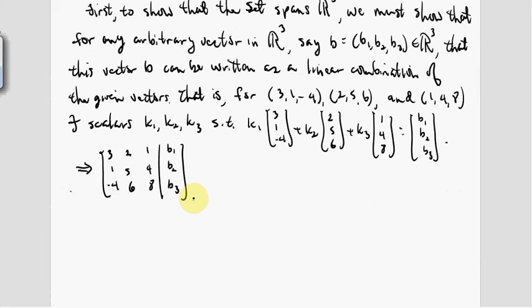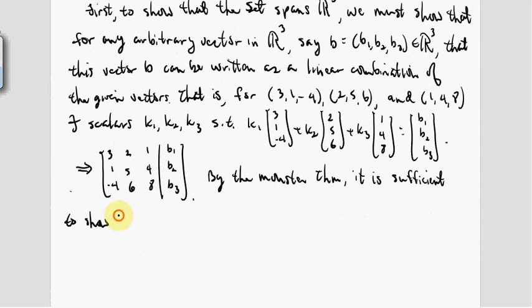By the monster theorem, it is sufficient to show that the matrix 3, 1, negative 4, 2, 5, 6, 1, 4, 8 determinant is not equal to 0.